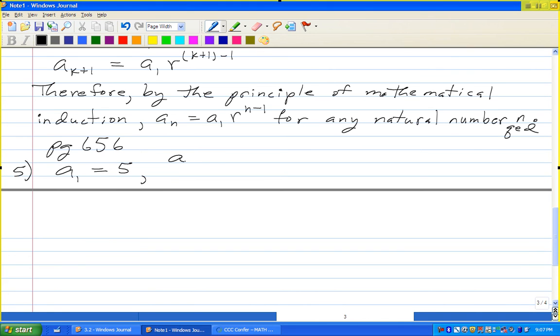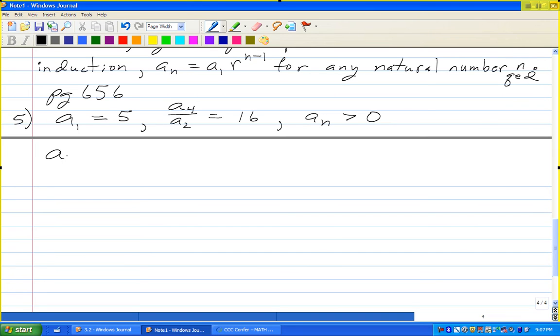It says that the ratio of a sub 4 to a sub 2 is 16, and that a sub n is always positive. So the first term is equal to 5. The ratio of a sub 4 to a sub 2 is 16, and we're given that all the terms are positive.